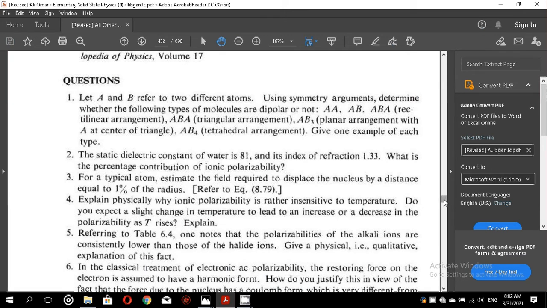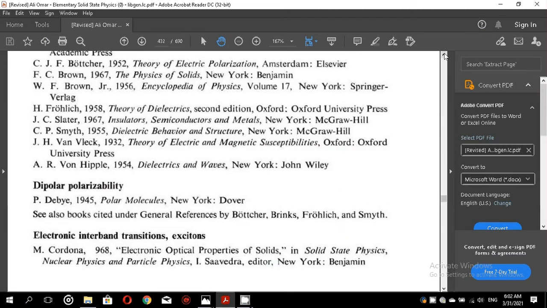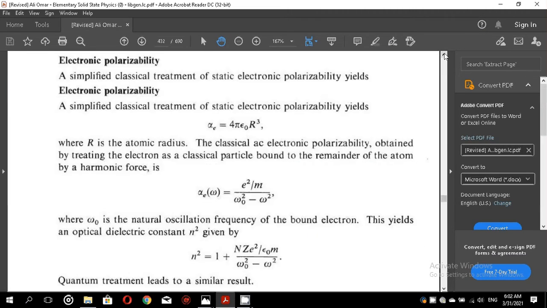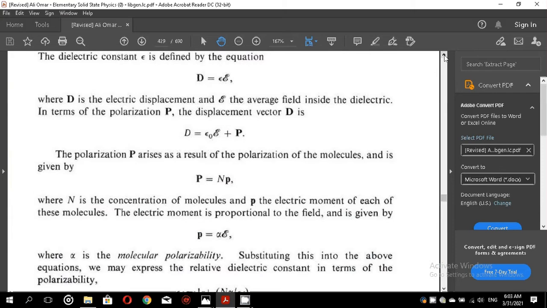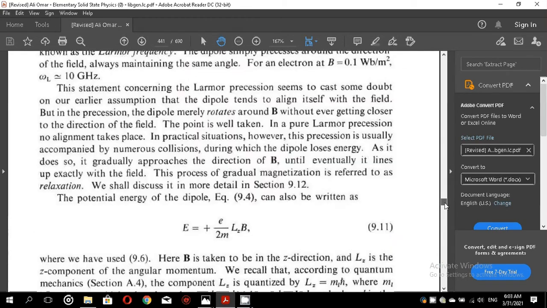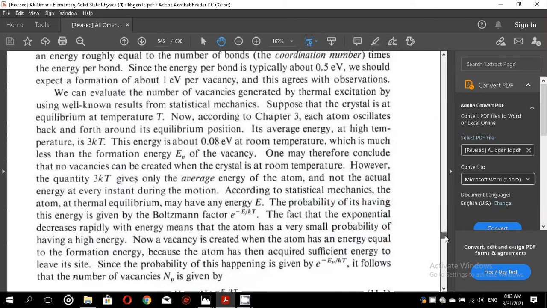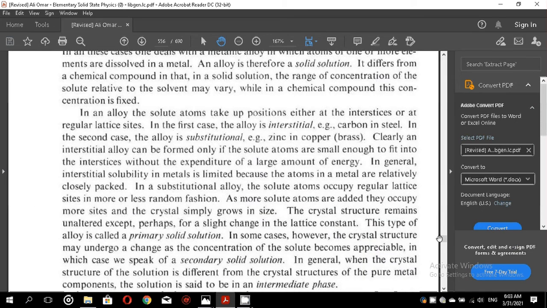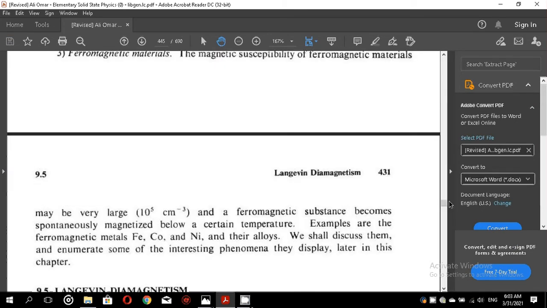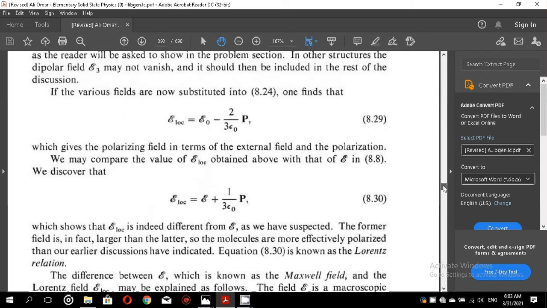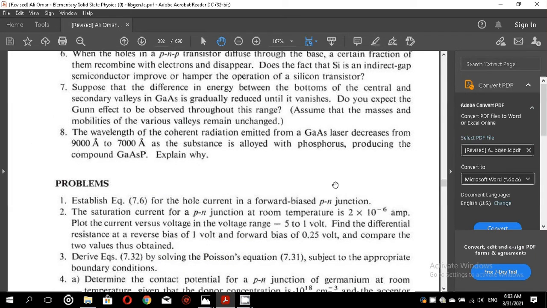This is page number 416. I have written this particular equation as is referred here. So let me go back to the questions of this chapter.